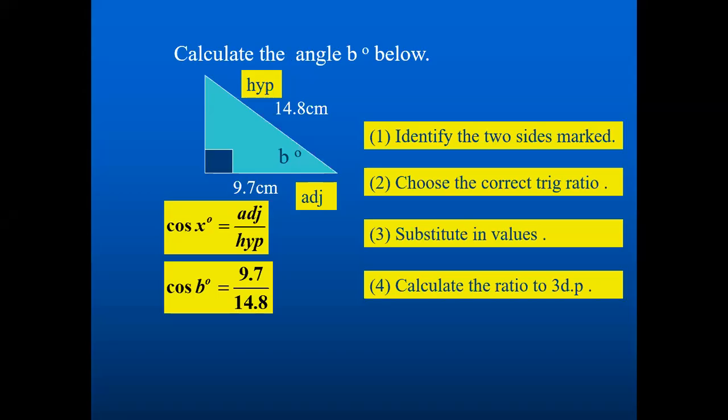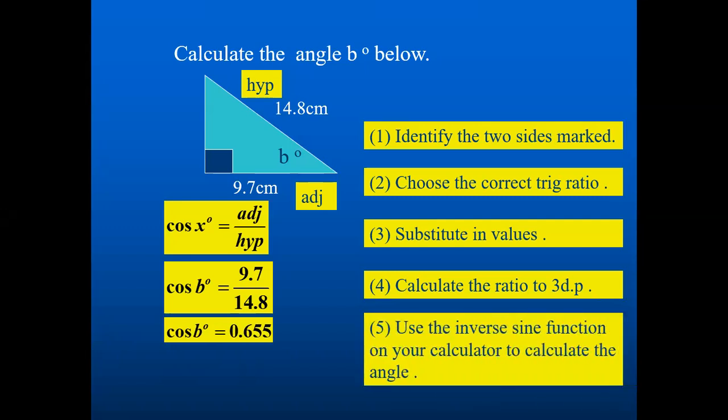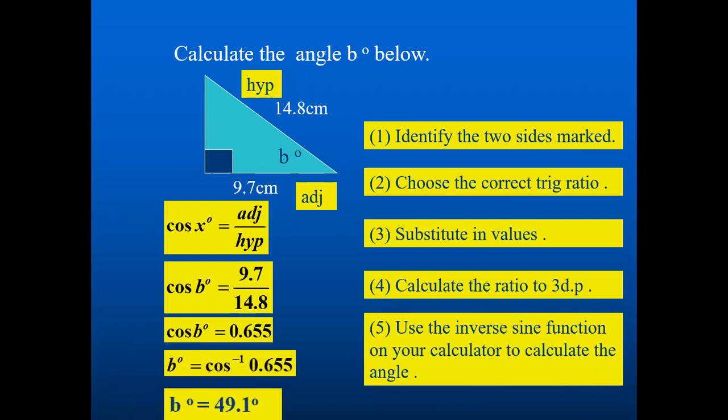We calculate to 3 decimal places. We use the inverse function. Cos inverse of 0.655, then we get 49.1 degrees.